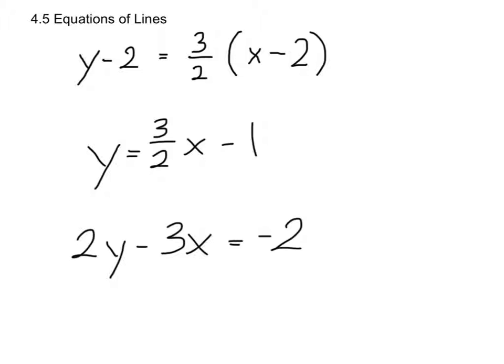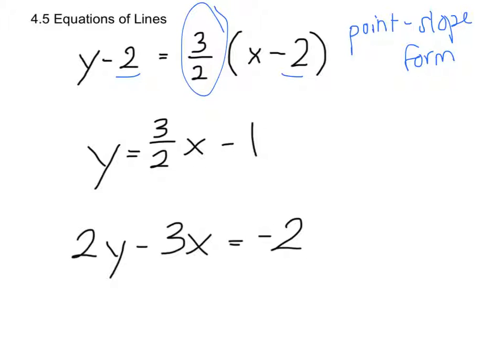So here we have 3 equations, and you might look at these and think that they're 3 separate different equations, but in reality they're actually 3 different forms of the exact same equation, which means that if we were to fiddle around with them a little bit, we could transform them into the exact same form. So this first one is in point slope form, because we have points here and the slope here.